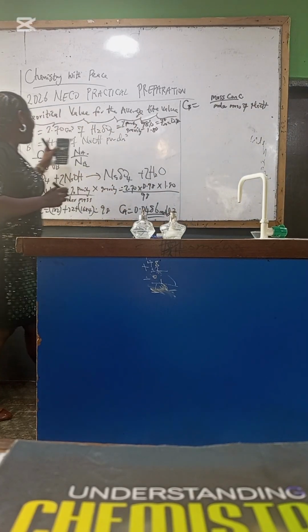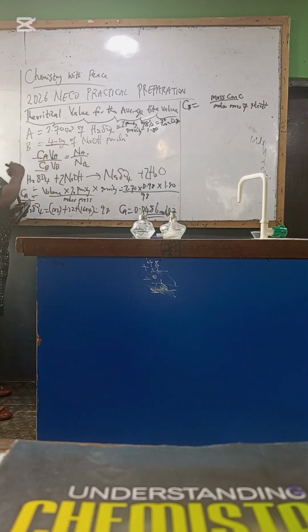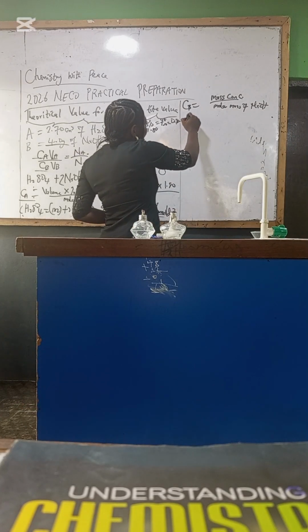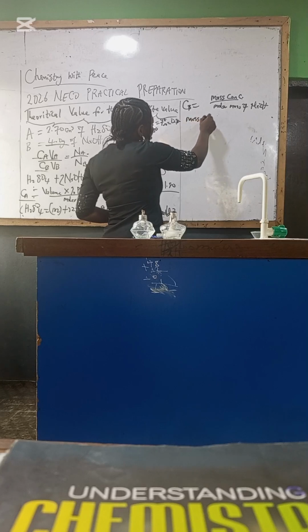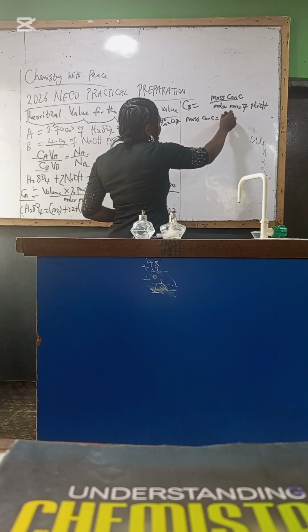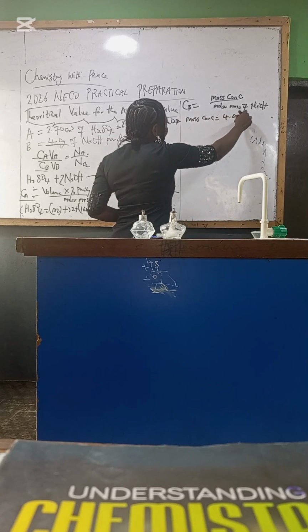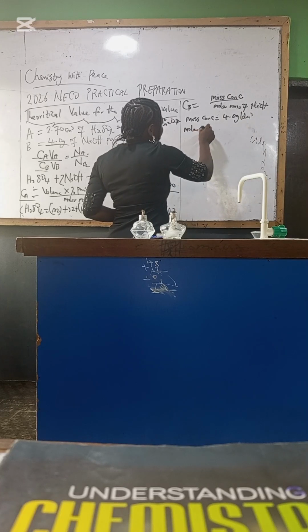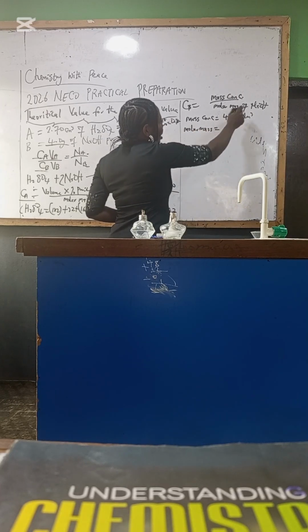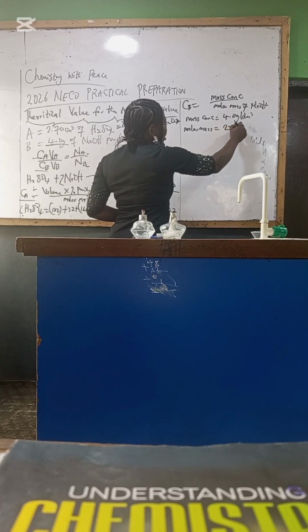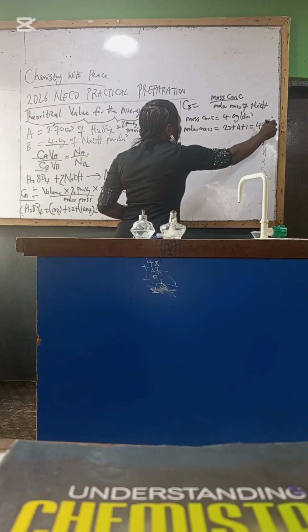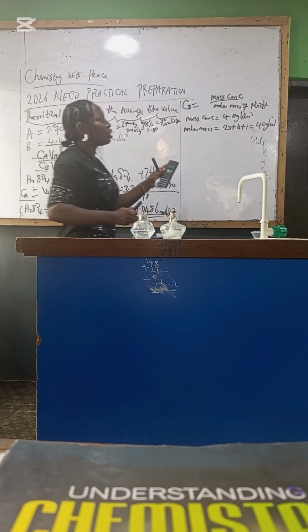We are given the mass concentration of sample B to be 4.0 gram per dm cube. Our molar mass is equal to 23 plus 16 plus 1, and that gives us 40 gram per mole.